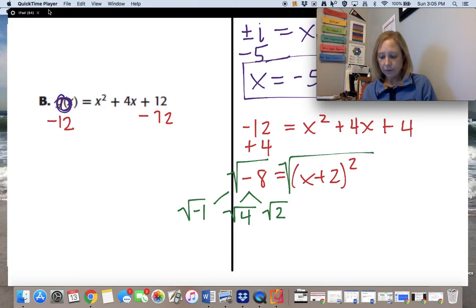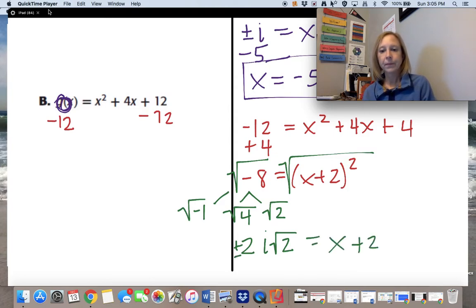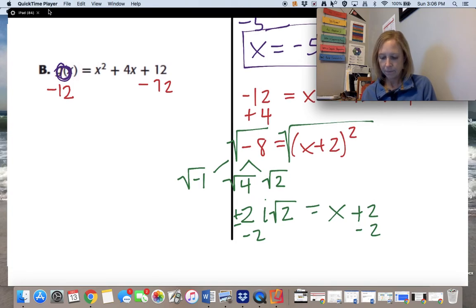So on the left, I'm going to have the square root of 4 is 2, i, square root of 2, and then I have to have my plus or minus as well, equals x plus 2. Now I'll subtract 2 from each side. And my answer will be x equals negative 2 plus or minus 2i root 2.